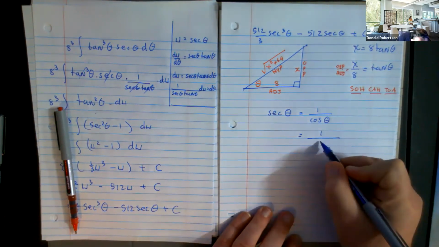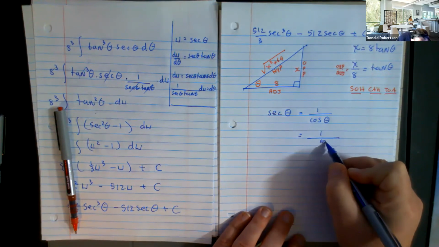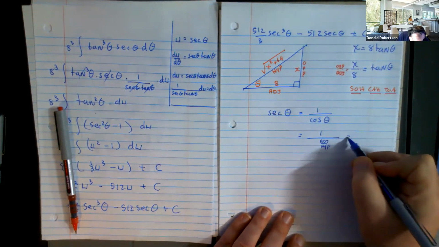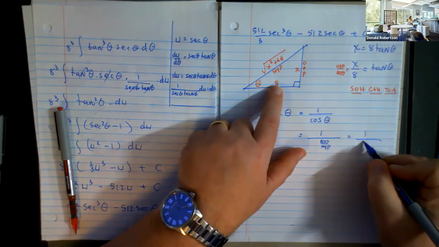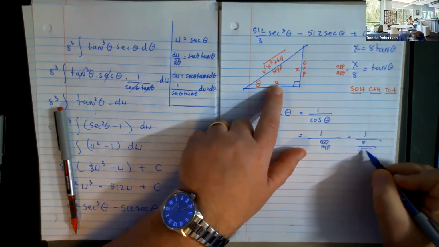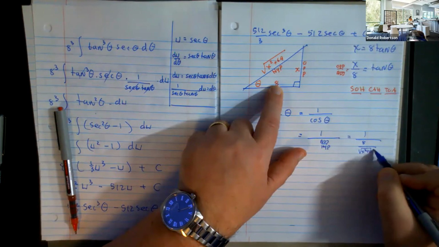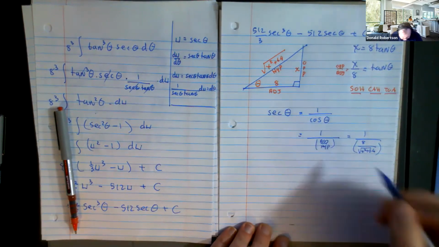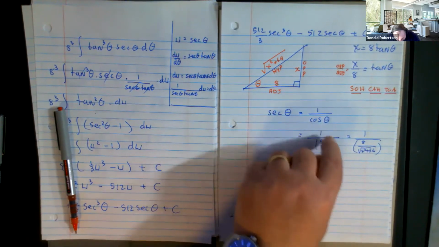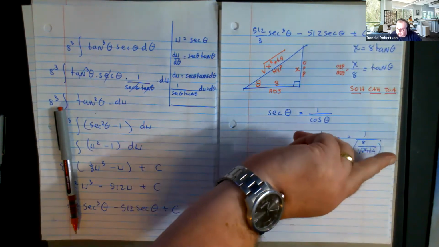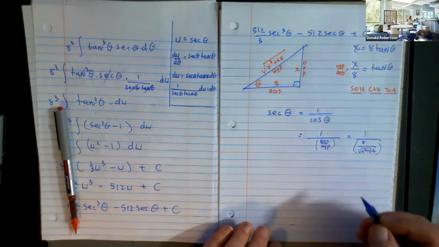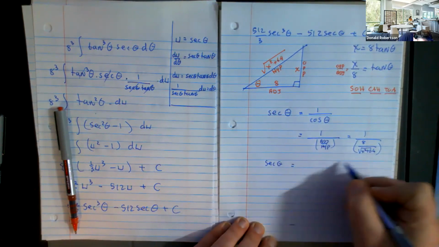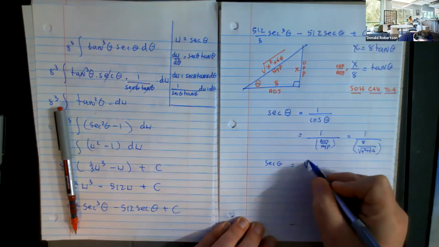Well, isn't a cosine adjacent over hypotenuse? And adjacent is 8 over the ugly square root. And how do you get this ugly fraction, which is 1 over this? Basically, reciprocal. So secant of theta is turn this upside down.